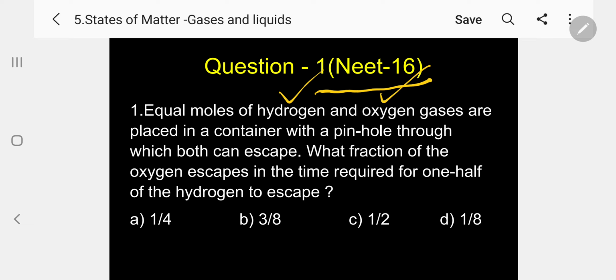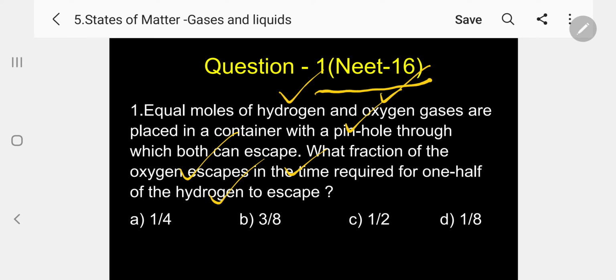Equal moles of hydrogen and oxygen gases are placed in a container with a pinhole through which both can escape. What fraction of oxygen escapes in the time required for one half of the hydrogen to escape? Kindly understand this question.